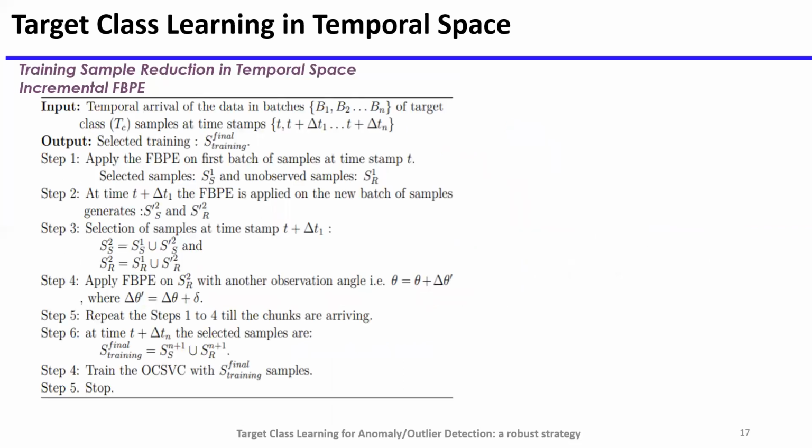So this is the algorithm: samples are coming in batches B1, B2, Bn like this. At the same time, the FPP is applied for each step, at t plus delta t.